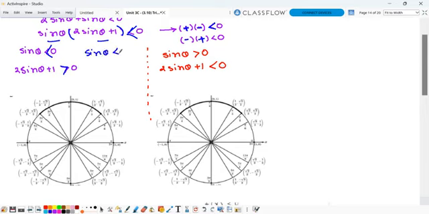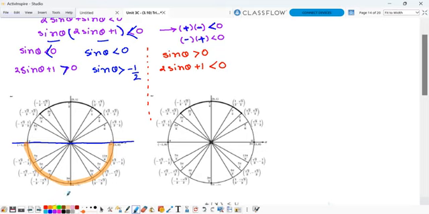So I'm going to write sine theta is less than 0. And if I solve this, I will say sine theta is greater than negative half. Focus only on one side. Okay, sine theta less than 0, which means y coordinate less than 0. So I'm using this circle and this is my less than 0.